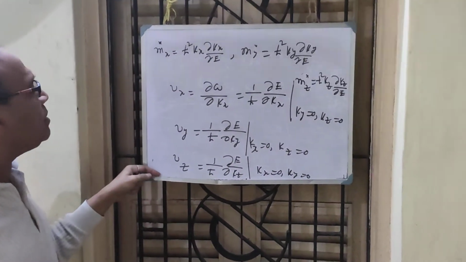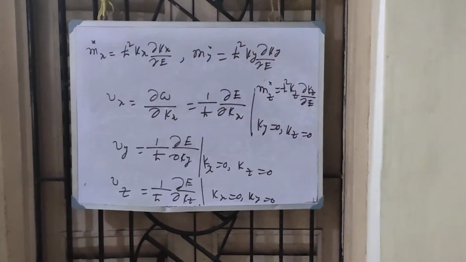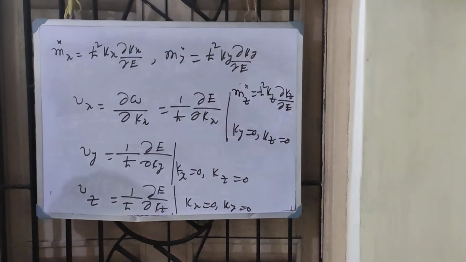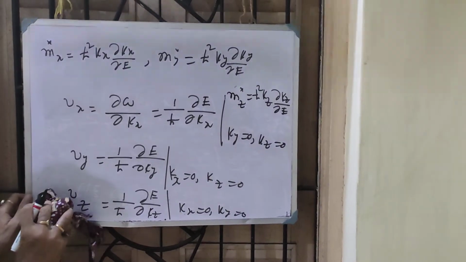Corresponding to three velocities, three effective masses will be generated, which may be function of energy, function of quantum number, depending on the basic dispersion relation.